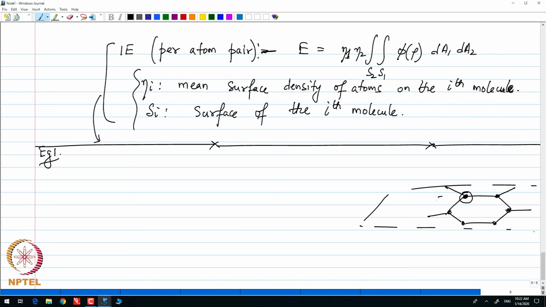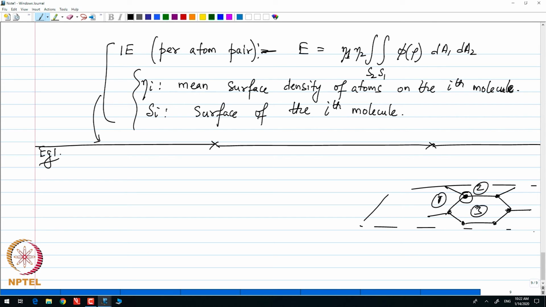Since there are 6 carbon atoms in one ring, the number of carbon atoms per ring is 6 times 1/3, or 2 carbon atoms per ring, because each carbon atom is shared by 3 rings. So the atomic density per molecule of graphene is 2.